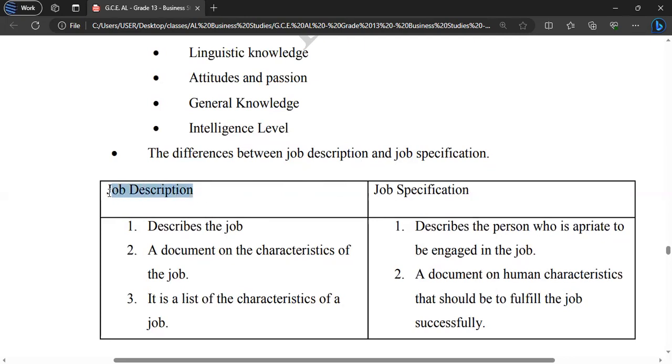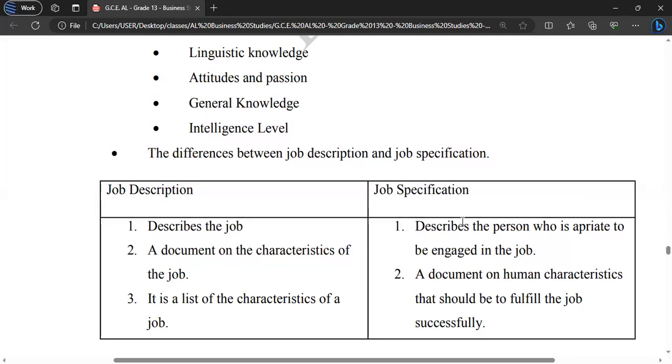Job description describes the job, right? But job specification describes the person. Job description is a document on the characteristics of the job. What are the characteristics of the job?